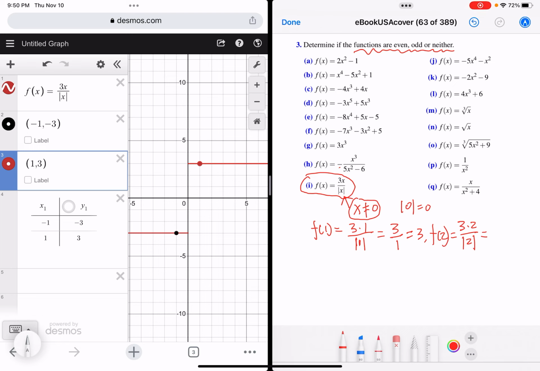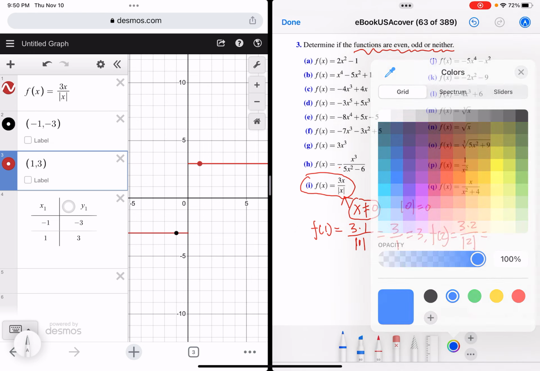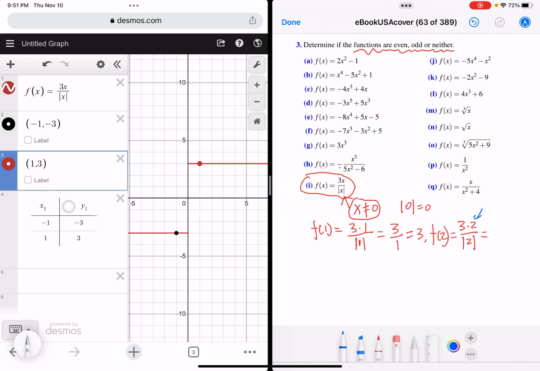Then, of course, these two values will be cancelled, this one and this one. So you have a 3 as well. So it doesn't matter if the value is 1, 2, or maybe 0.5. Whatever you do, you should have a 3.